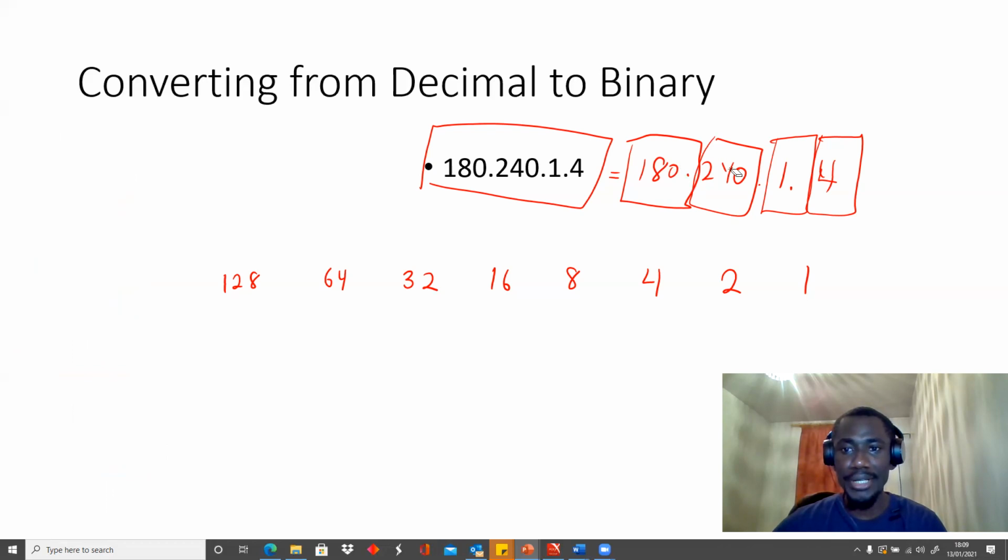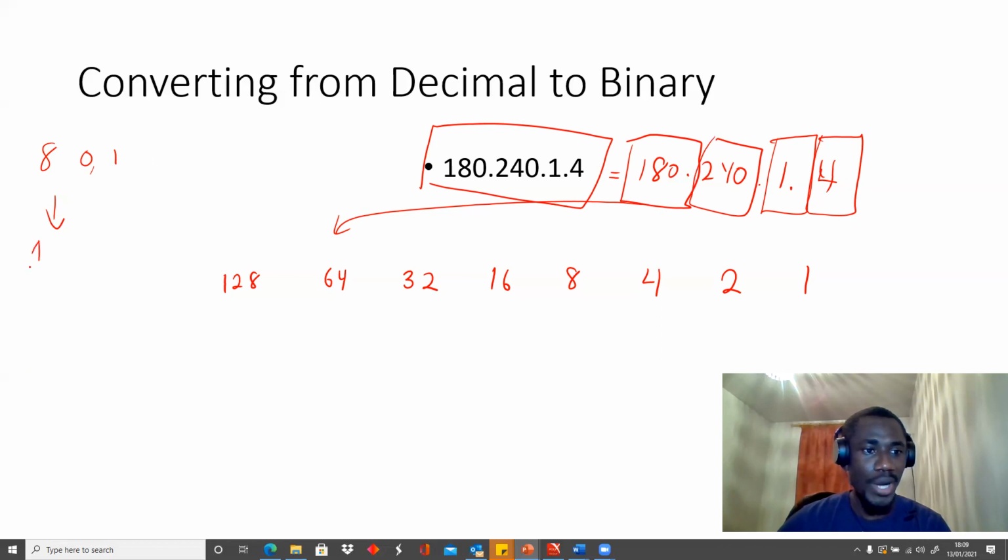So you can see one number here, another number here, another number here, another number here. And for each number, we can split it into 8 different zeros and ones.